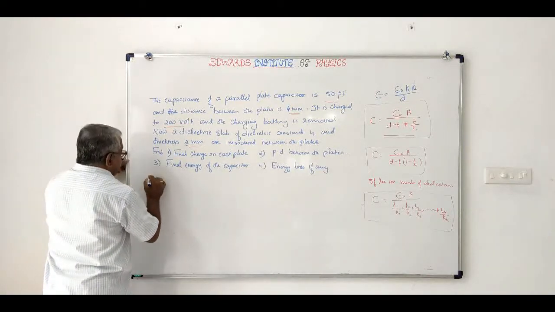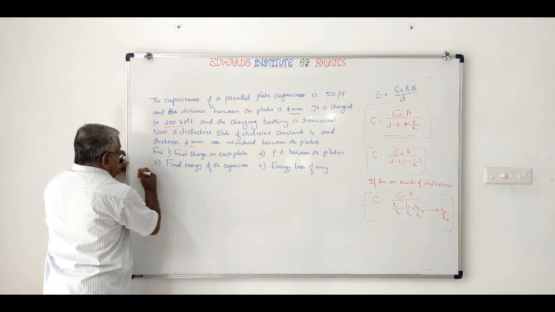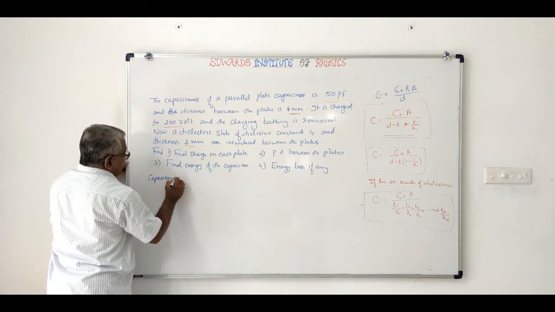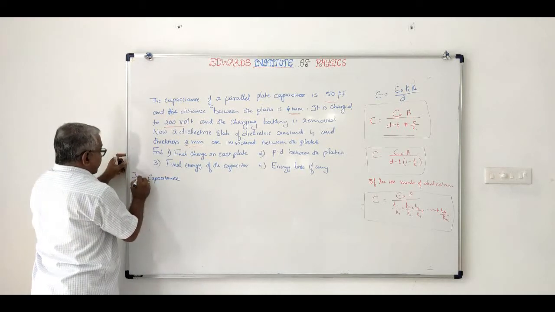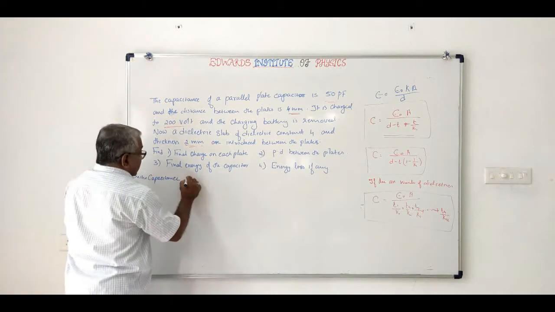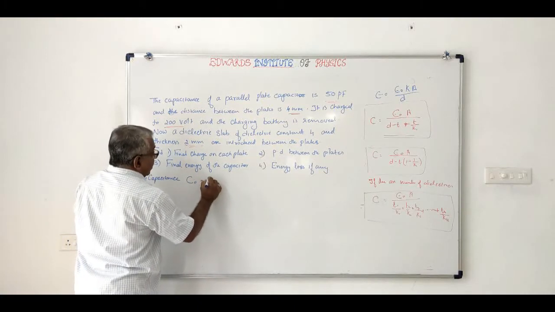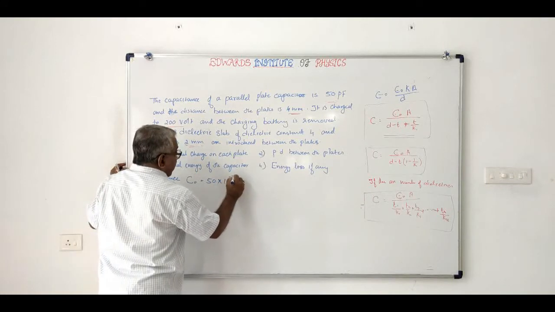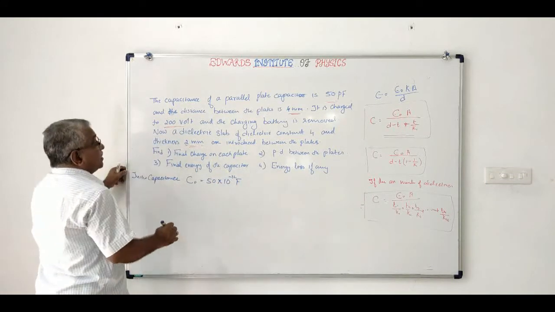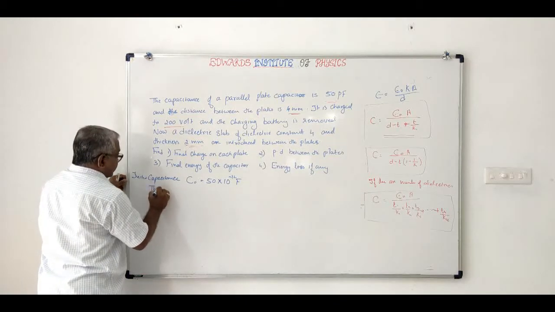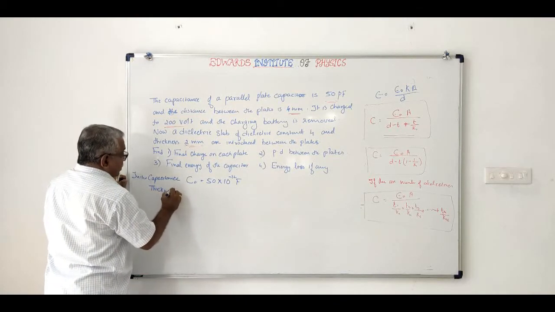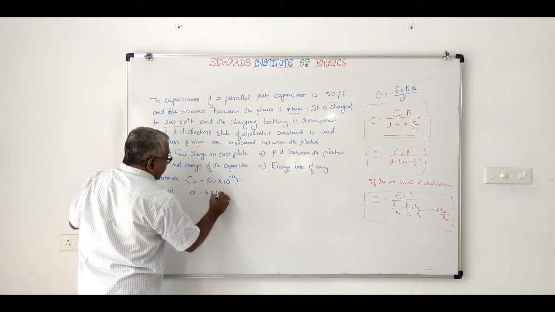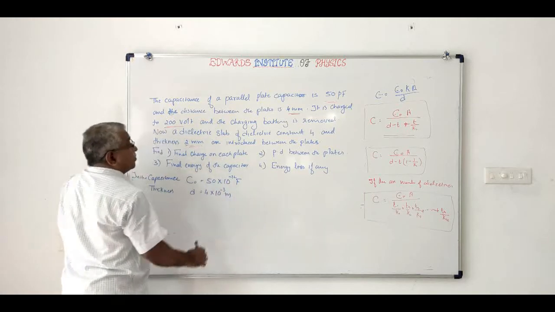The initial capacitance C0 is equal to 50 pF, that is 50 into 10 raised to minus 12 farad. Then the separation D is equal to 4 millimeter, that is 4 into 10 raised to minus 3 meter.